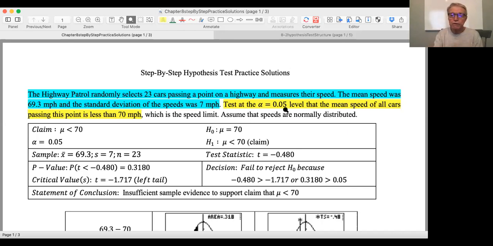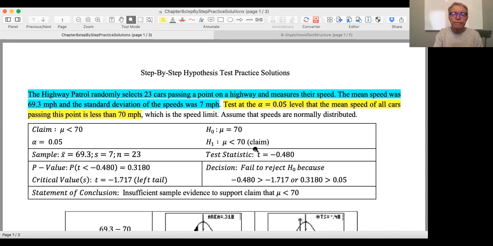So alpha is 0.05, that's the significance level. So in this table that I've got here, and by the way, in the notes, there is a blank table for all of these problems. And you might want to print that out and fill it in as we go when we work through these problems, because we'll work through these at each step, filling in the appropriate information at each step.